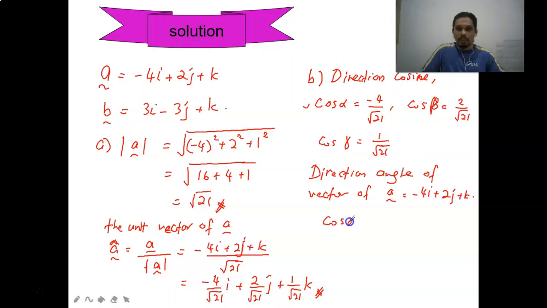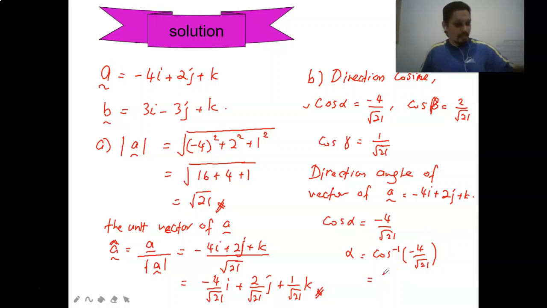From cos alpha equal to negative 4 divided by square root of 21, then alpha equal to arc cos of negative 4 divided by square root of 21.